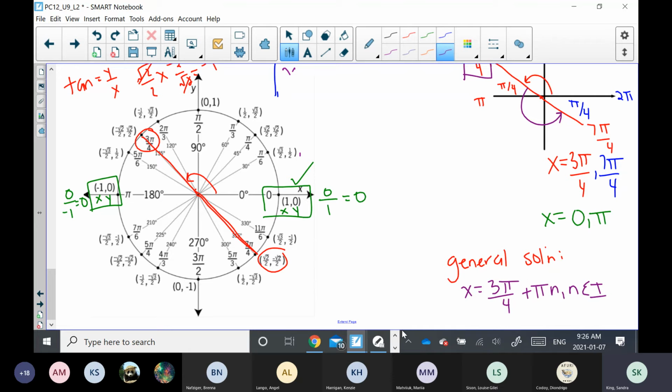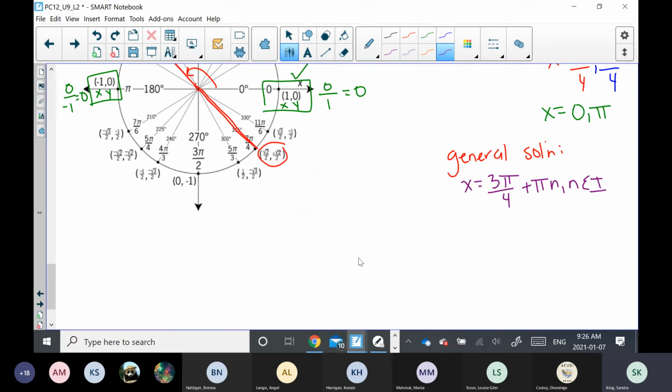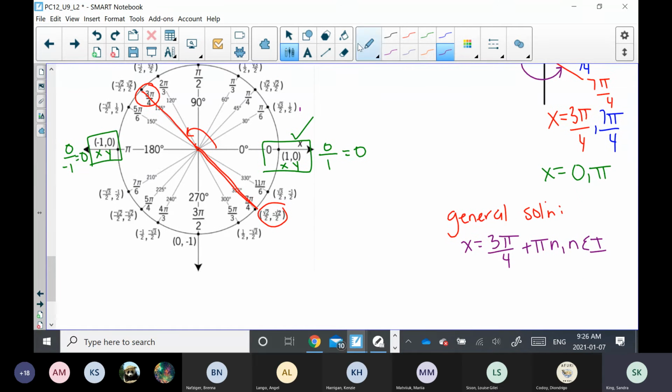Okay, so that's one of my general solutions. My other general solution, so this one is a bit more complicated and you sort of just have to memorize this one. So this again is a straight line. And we don't write 0, like 0 times something, because that would be 0. So you're going to choose pi.